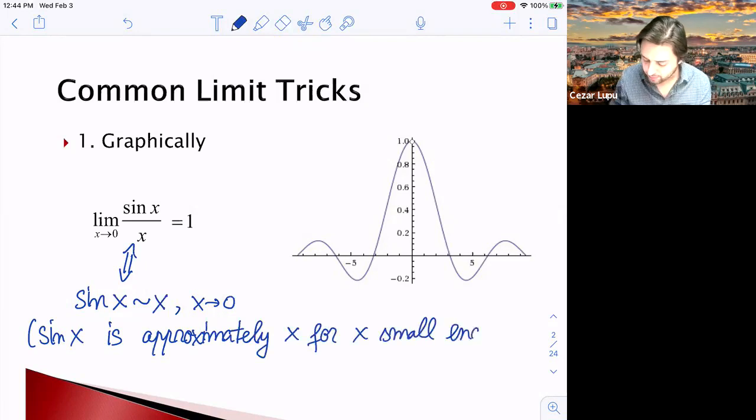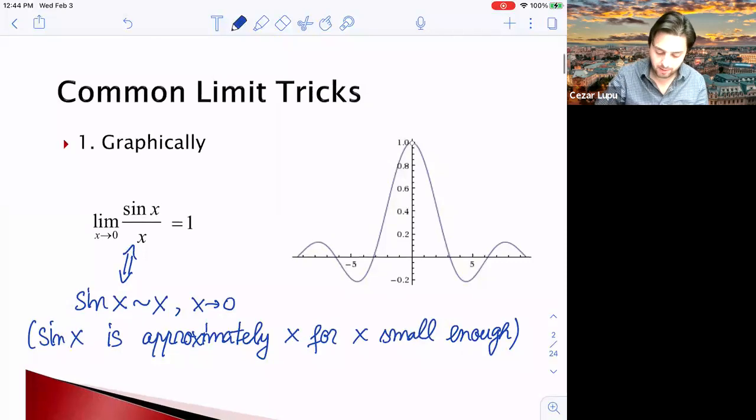And I think the graph speaks volumes about this. If you look at the graph as x approaches 0, the limit of sine of x over x will be 1. You see, this is the graph of sine of x over x. Okay, so keep this limit in mind.